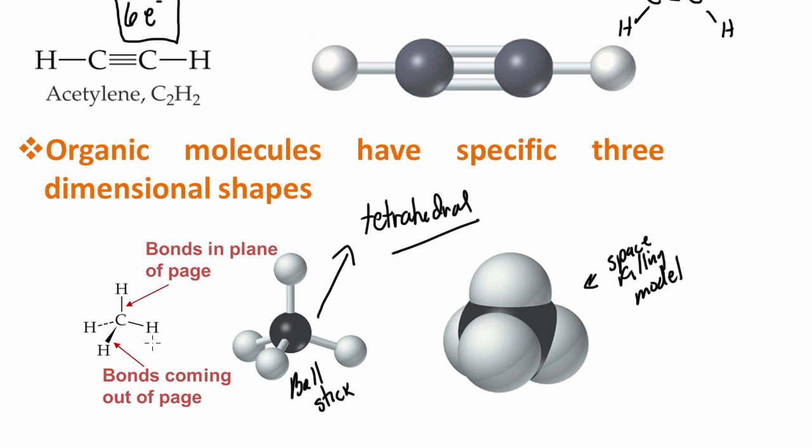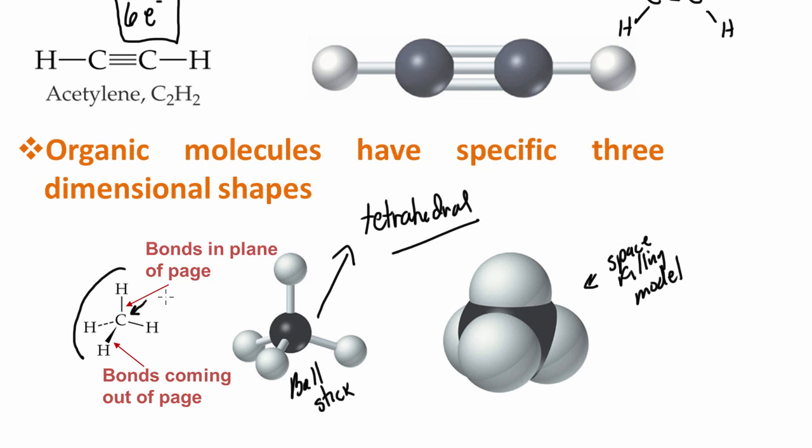And on paper, we usually draw a representation of a molecule using a structure like this. So here we have a central carbon atom in methane bonded to the 4 hydrogens. These bonds right here are in the plane of the page, because remember, a molecule is 3-dimensional.